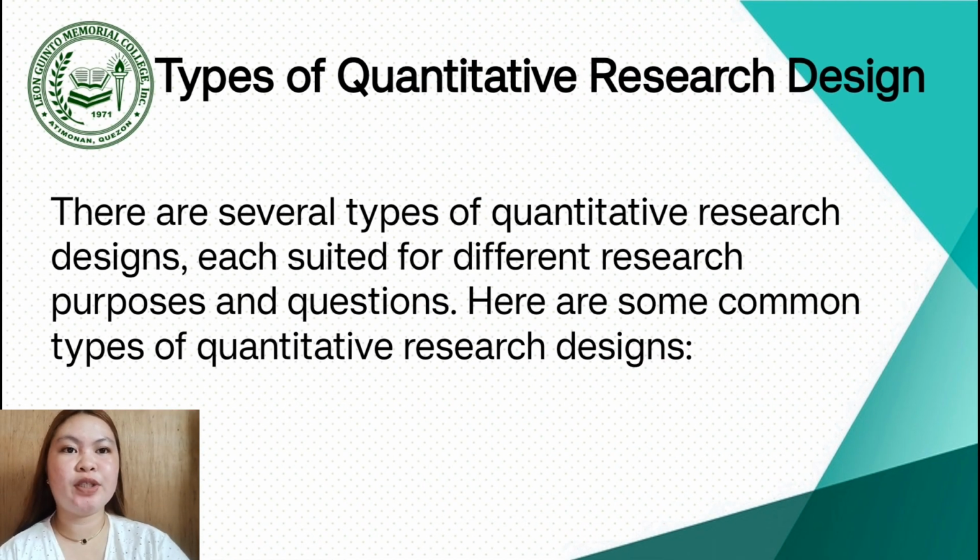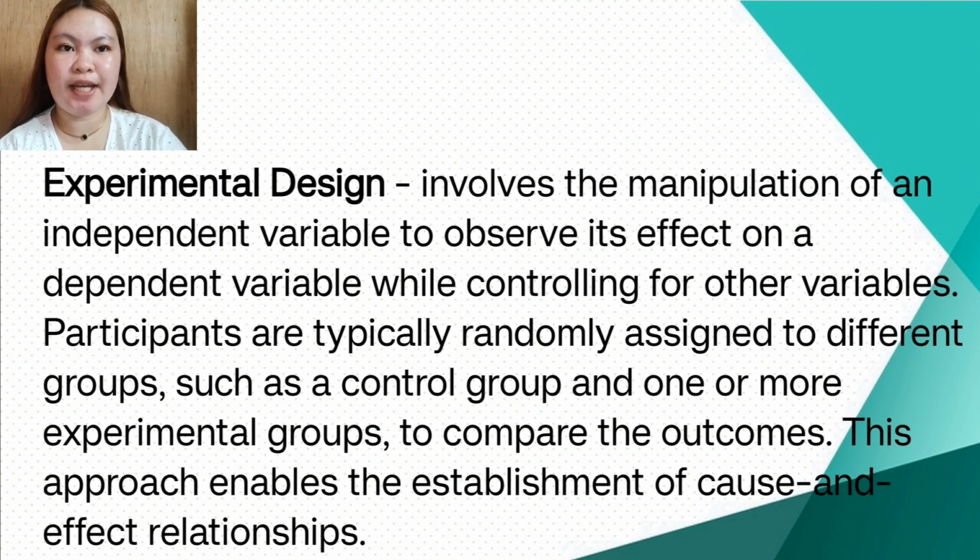Now, let us move on to the different types of quantitative research design. There are several types of quantitative research design, each suited for different research purposes and questions. Here are some common types of quantitative research designs. First is the experimental design.